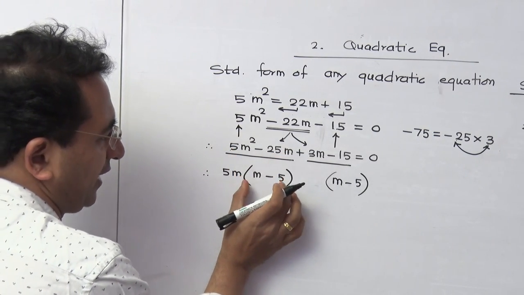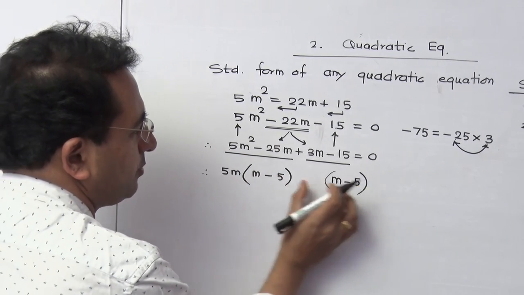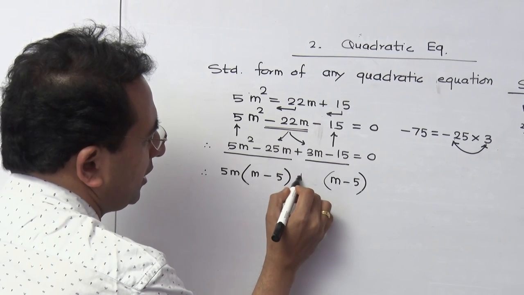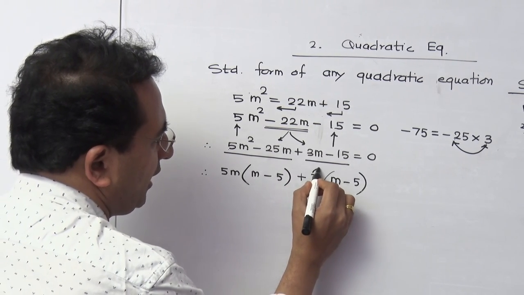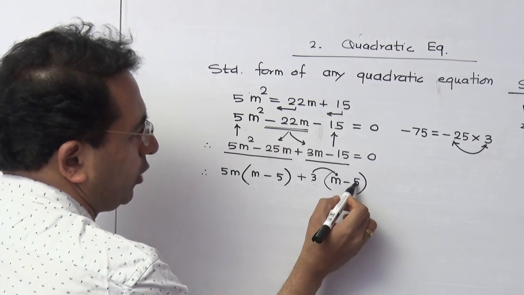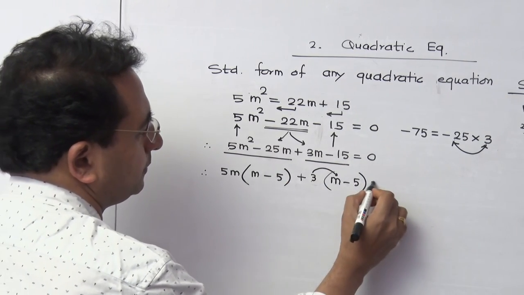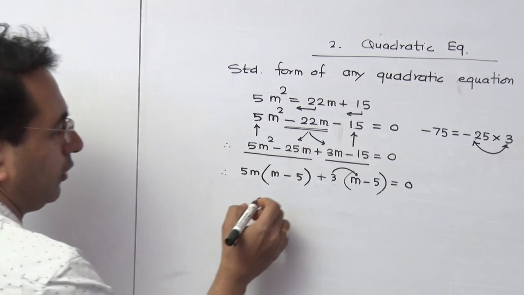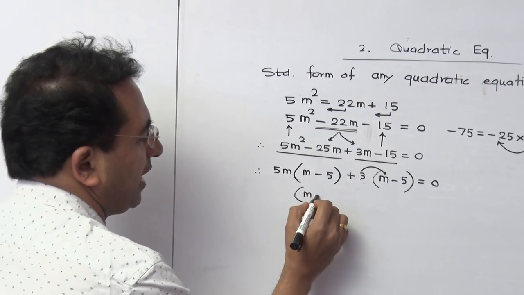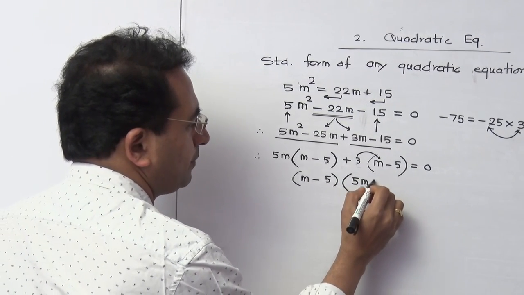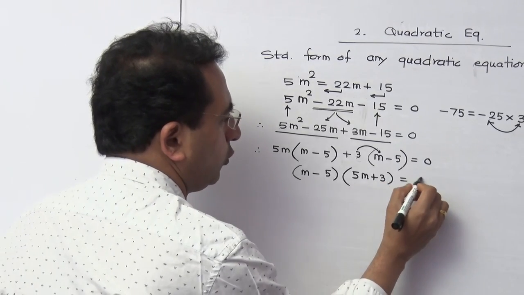Once you write this factor properly, repeat this by leaving some space, and to get 3m I should write plus 3. So 3 into m, definitely I will get this, and if you multiply this, you are bound to get minus 15. Now you tell me, is m minus 5 the term repeated or not? So we have to write m minus 5, and here we can write 5m plus 3 is equal to 0.